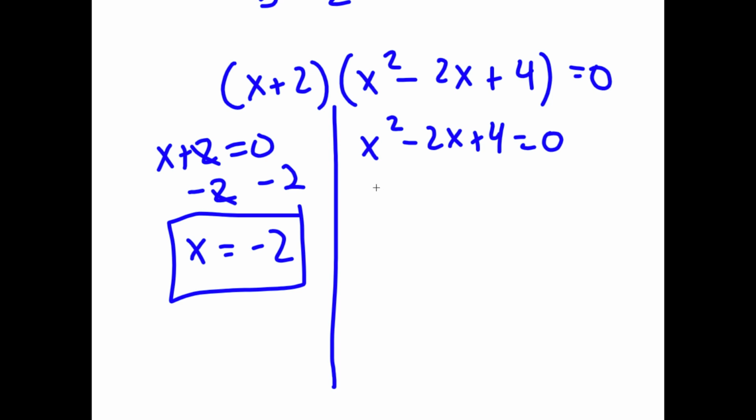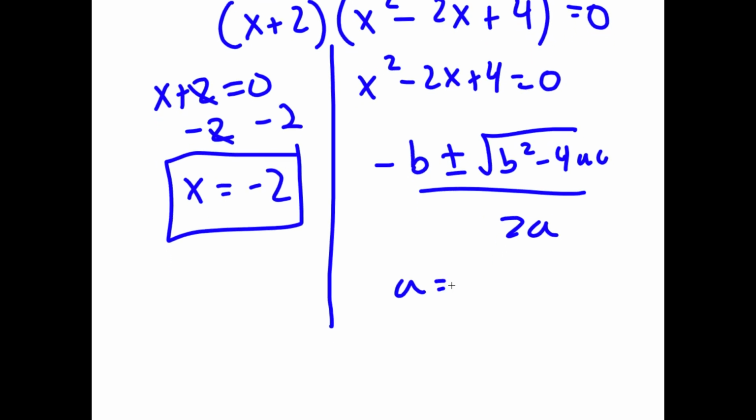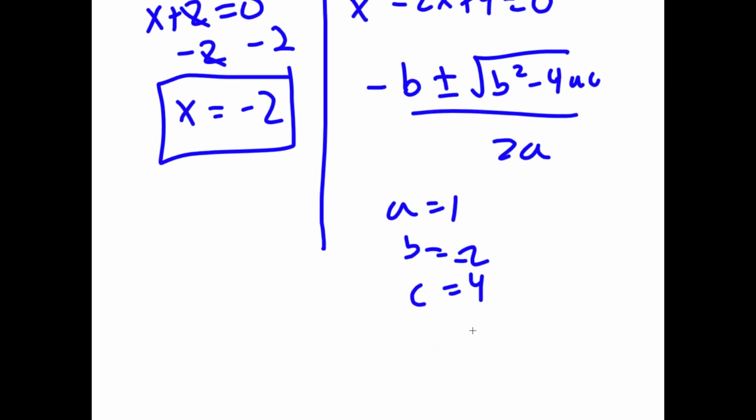I can do this in two ways. So my first method is the quadratic formula, which is negative b plus or minus the square root of b squared minus 4ac all over 2a. So in this case, a is 1, b is negative 2, and c is 4.